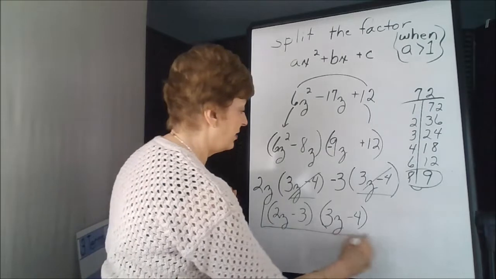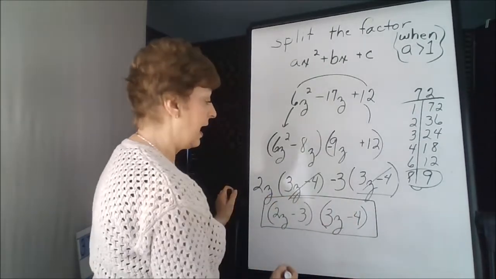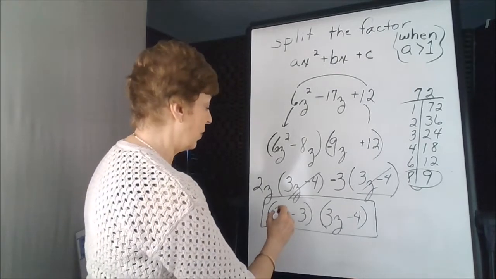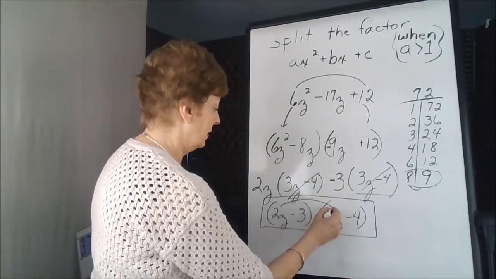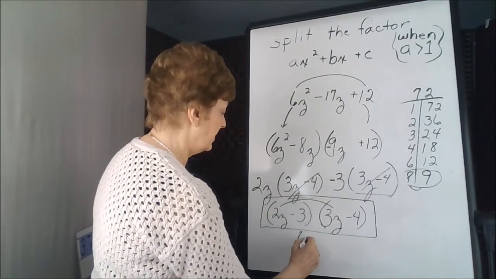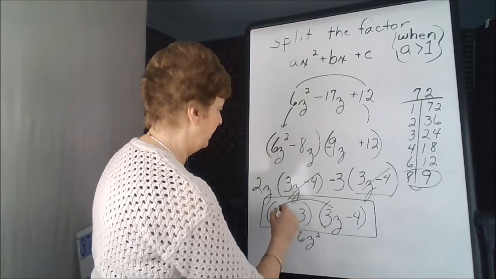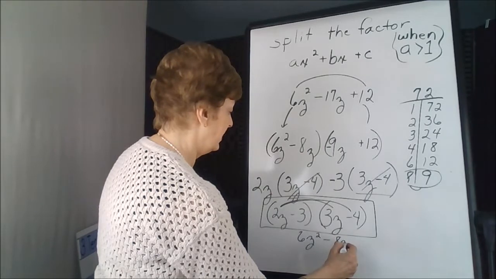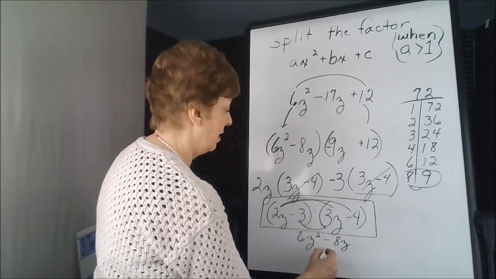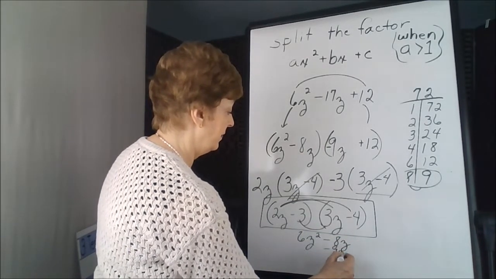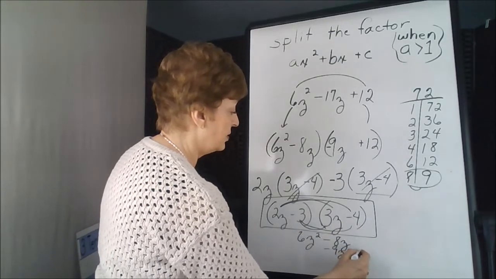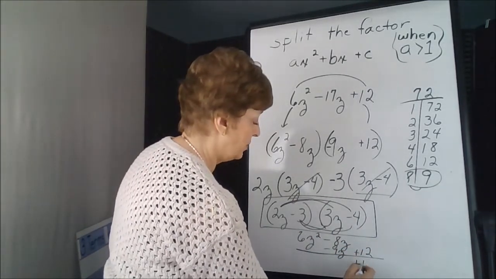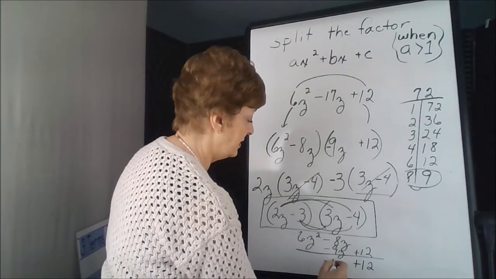These are the factors. And if we wanted to check them to be sure, we could FOIL back. 6z squared minus 8z minus 9z plus 12, which is 6z squared minus 17z plus 12.